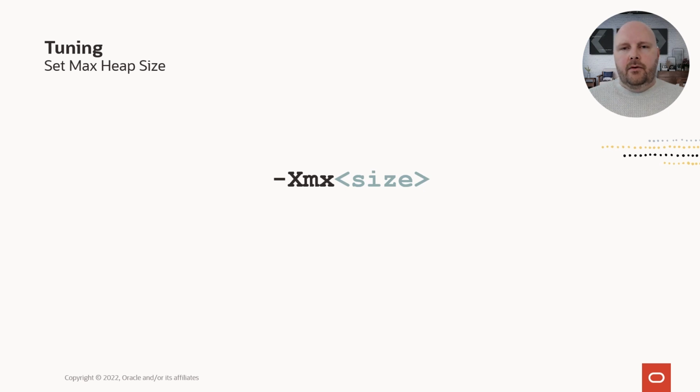Well, the max heap size obviously needs to be large enough to accommodate the live set of your application, first of all. But then you also need to have a certain amount of headroom in the heap. And that headroom will basically dictate how often the GC needs to run.